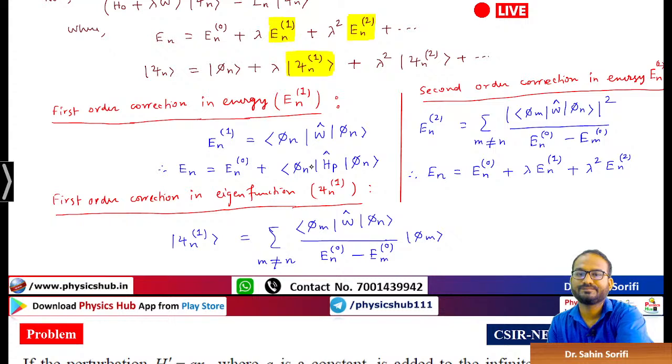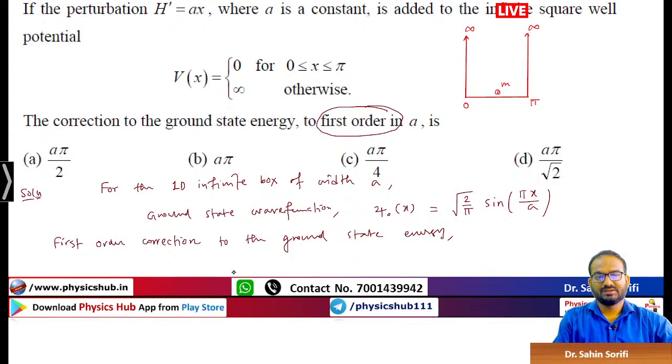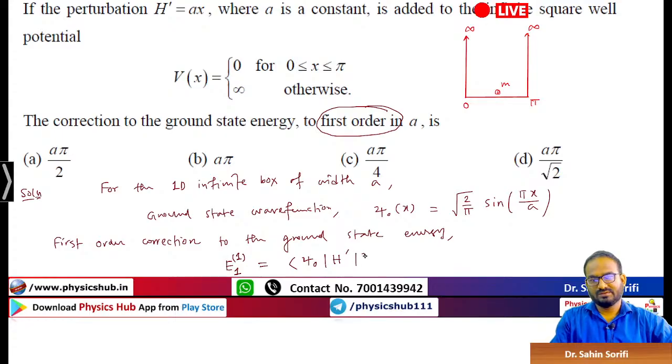Okay, so let's put the value. So we can write E first order in the ground state. So E1 is the ground state first order correction, so E 1 1. Understood? This is equal to, which state? Psi 0, the perturbation is H prime here, psi 0. So this is what you need to calculate.